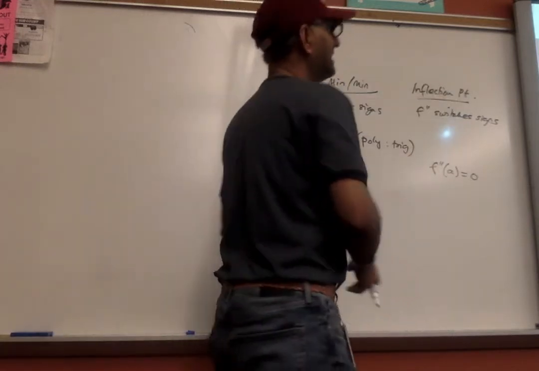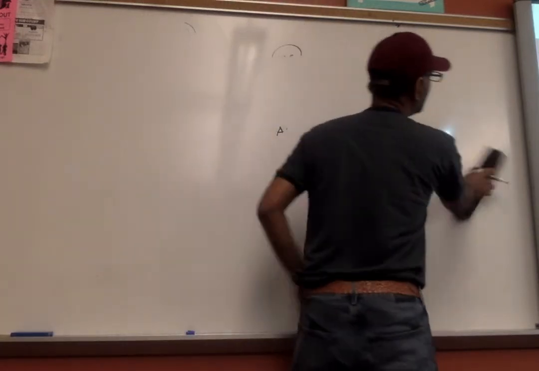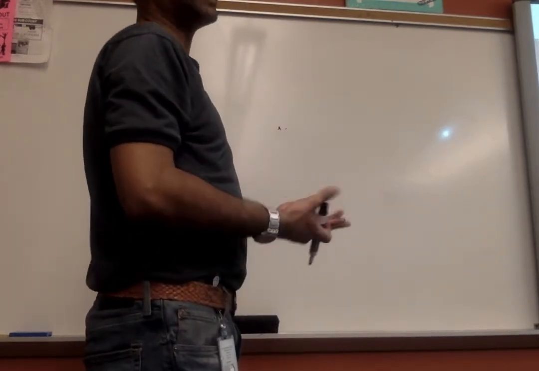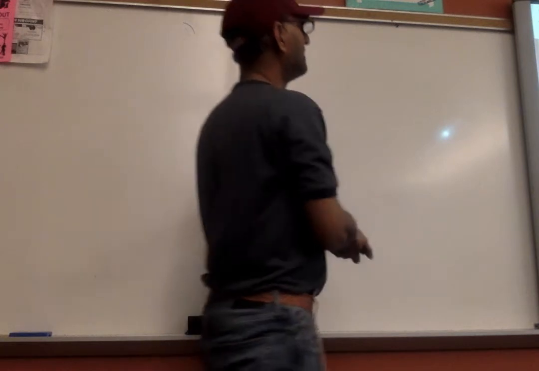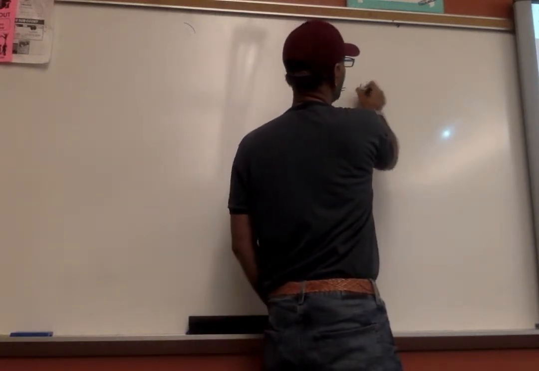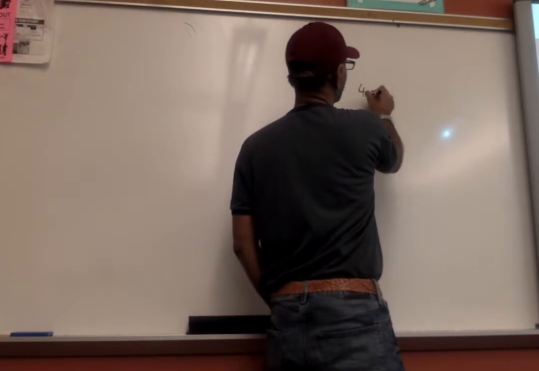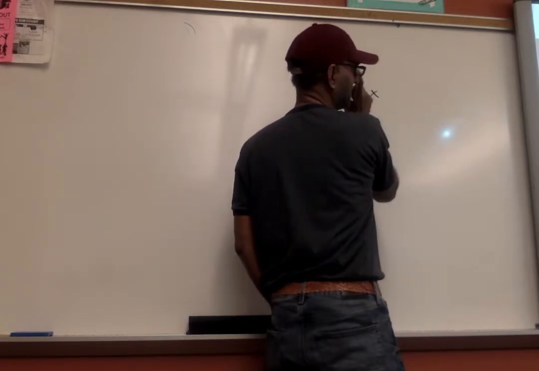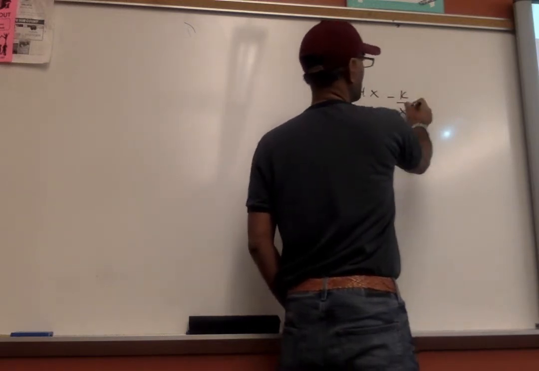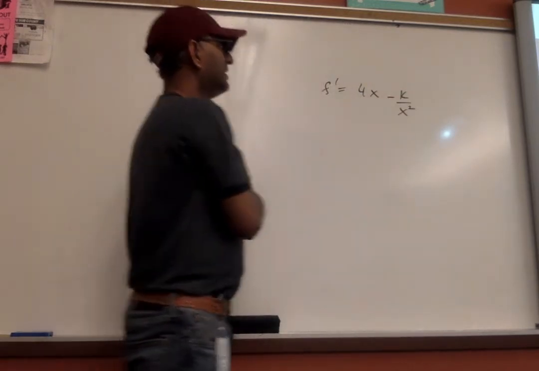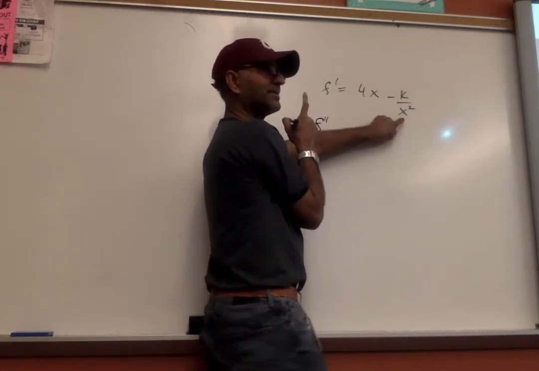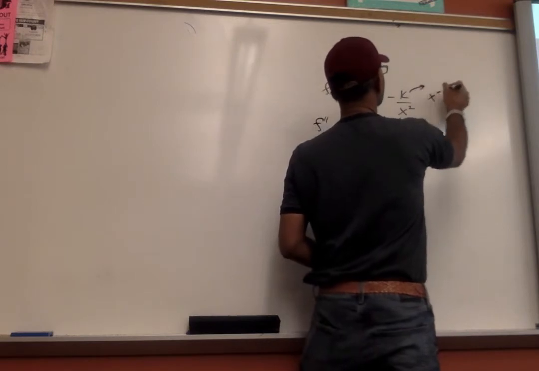So have a look here. It says at x equals -1, we have a point of inflection. So should f'' be equal to 0? Let's find f'' very quickly. f' will be 4x minus k over x squared, that's x to the -2.